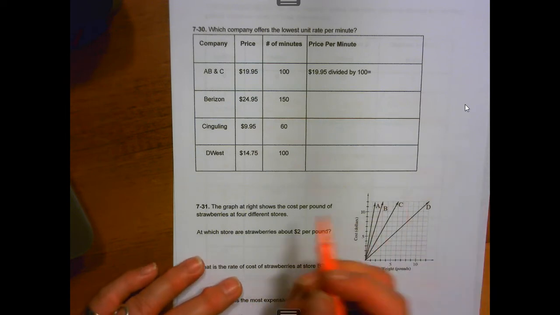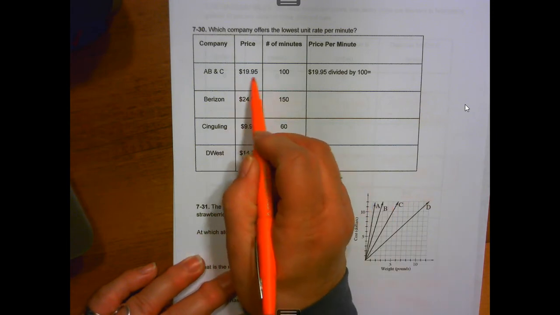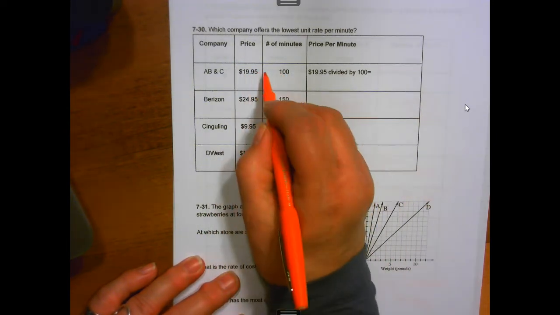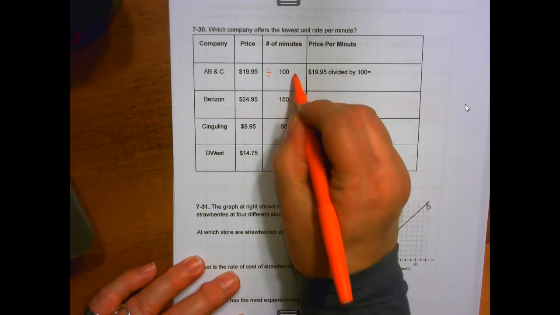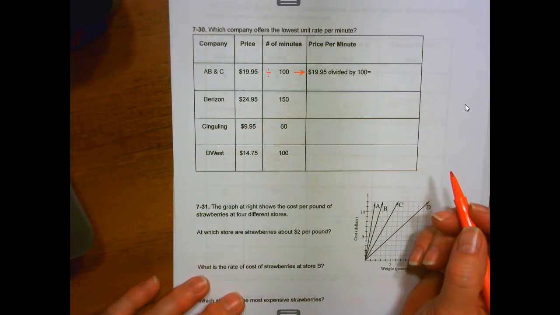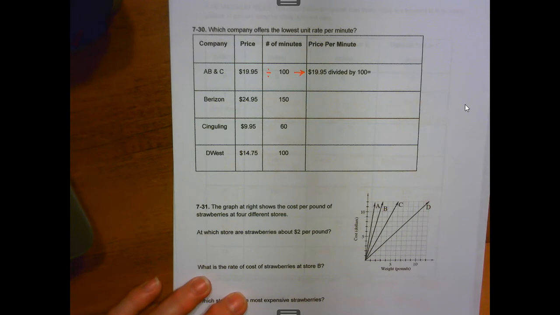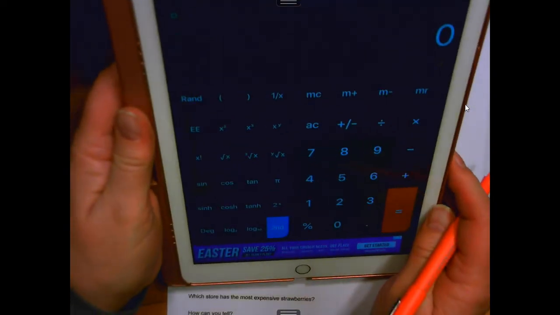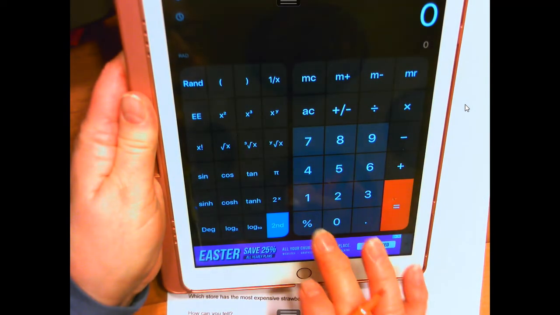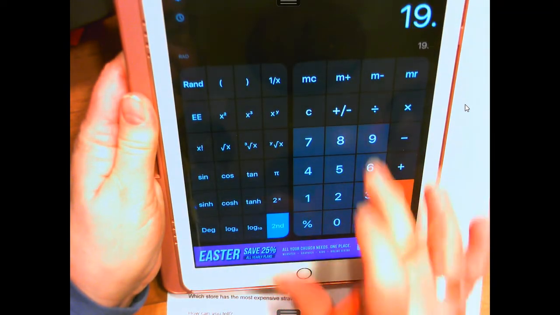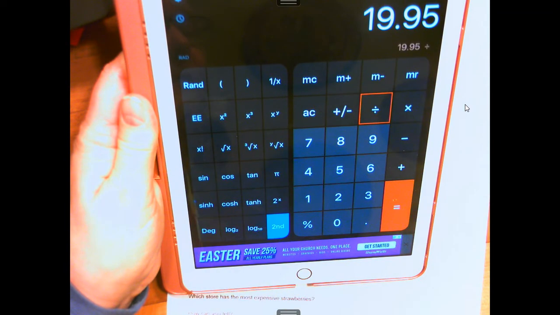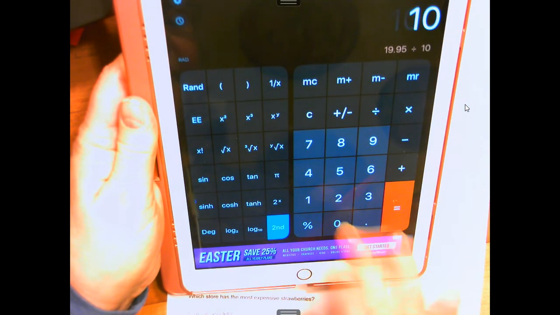And we have set this problem up for you. We're going to take the price divided by the minutes, and that is going to give us how much it is per minute. And when I do the math, and I do have a calculator over here, I can go ahead and do $19.95 divided by 100, and that gives me 0.1995.